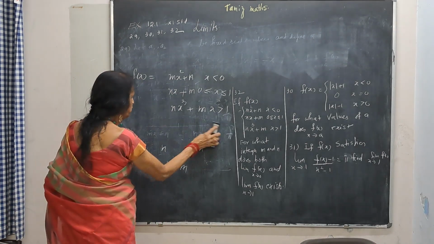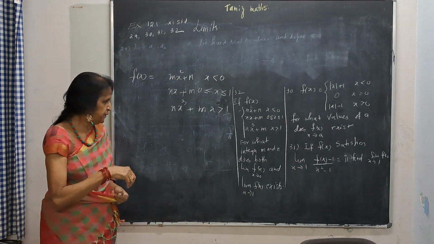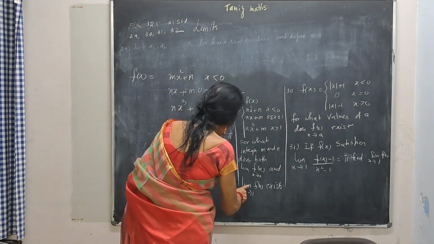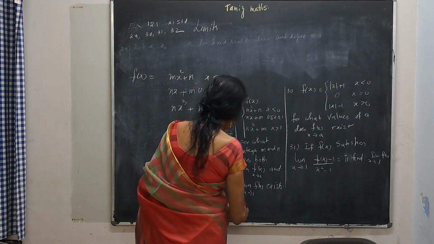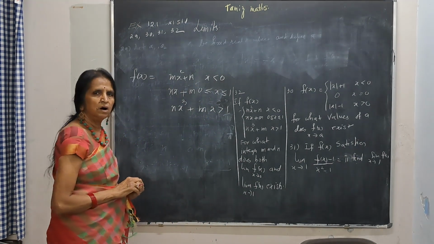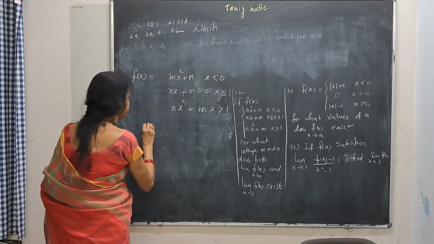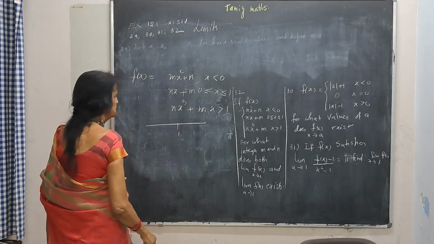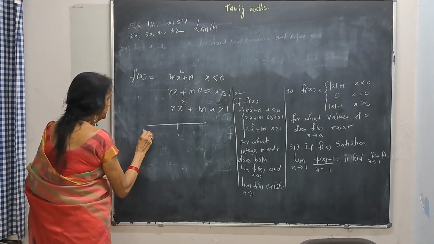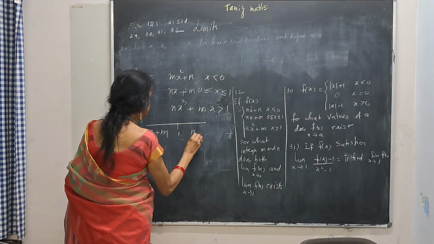Next we go for the same question. He is asking what will be f(x) when x tending to 1. That limit is existing. We have to define what will be m and n. X tending to 1, put 1 here. A little less than 1, a little more than 1.